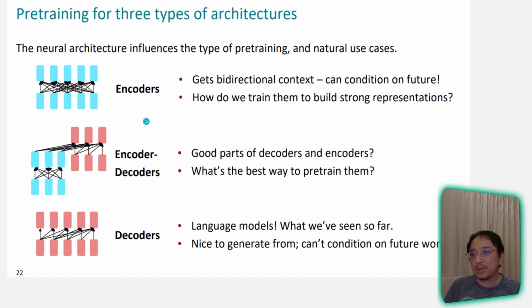Okay, so let's go to how we actually train the transformers, or the encoder-decoder architectures, in general. We can train the encoder only, or we can train the encoder-decoder together, or we can train the decoders only.